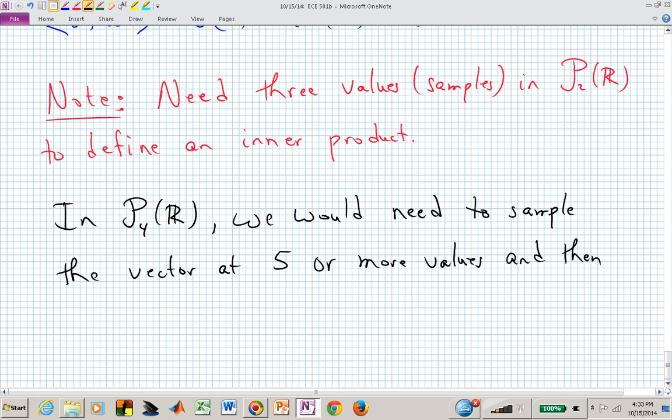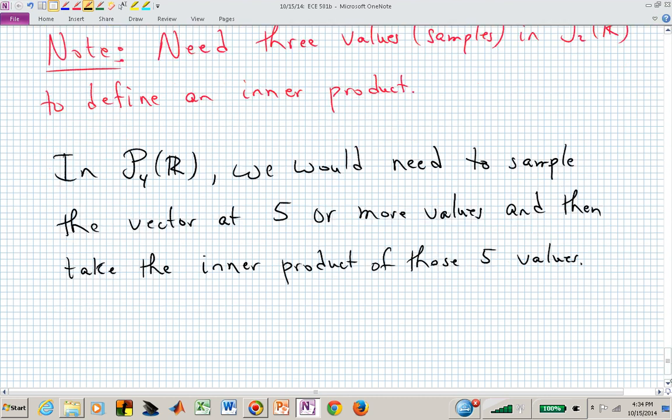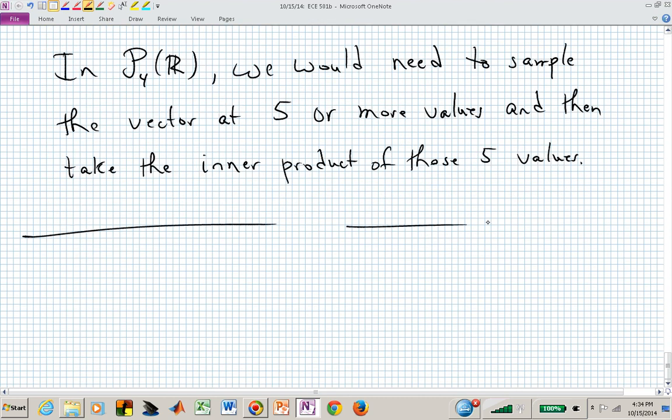And then take the inner product of those 5 values, or the sum of the pairwise product of those 5 values of your vector.